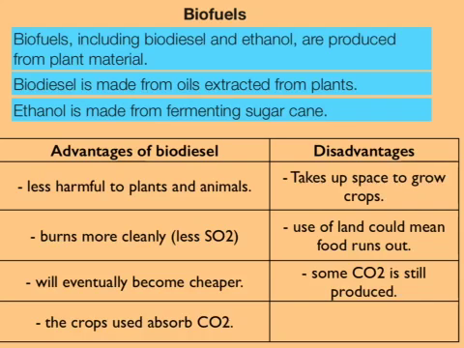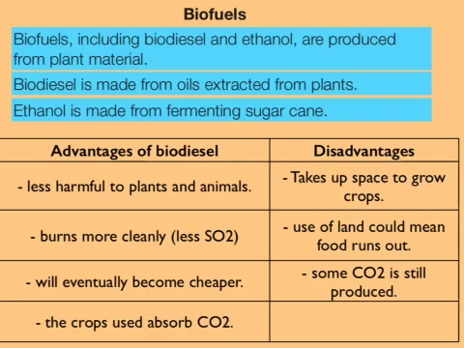Now, we saw on the previous slide how ethanol is made using the fermentation of sugar. Another fuel called biodiesel is made from oils extracted from plants. So we can group biodiesel and ethanol in this overarching group of biofuels.